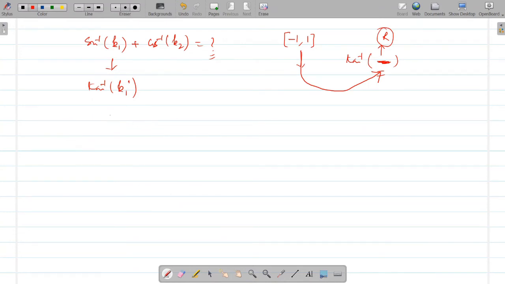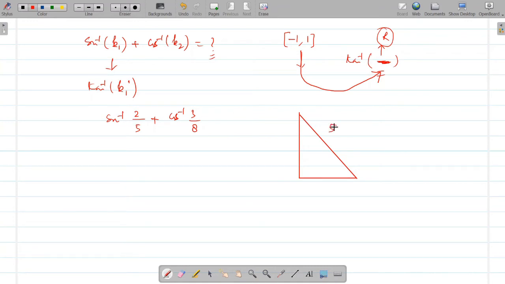So let's say you have to find sine inverse of 2 by 5 plus cos inverse of 3 by 8, like that. So what you do, you just form a triangle and get the values of tan inverse. That's quite easy to understand. One example I'll tell you how you can solve it. So this is sine inverse of 2 by 5.